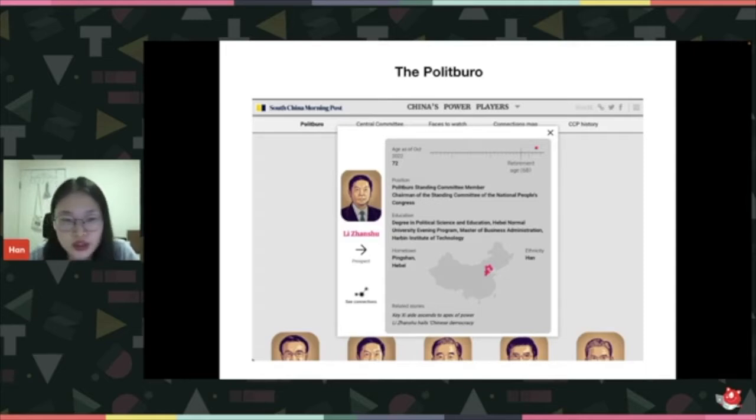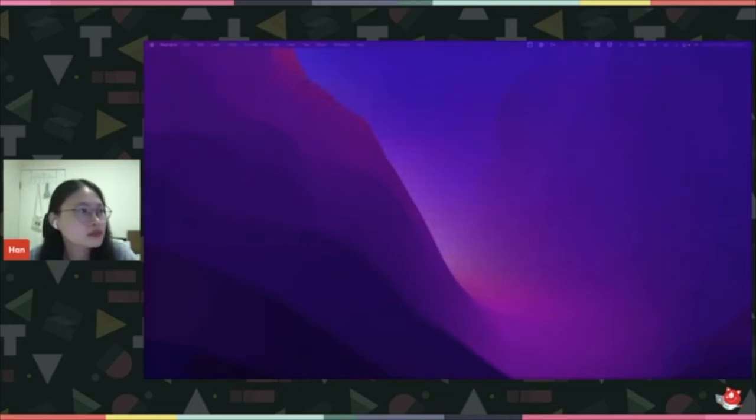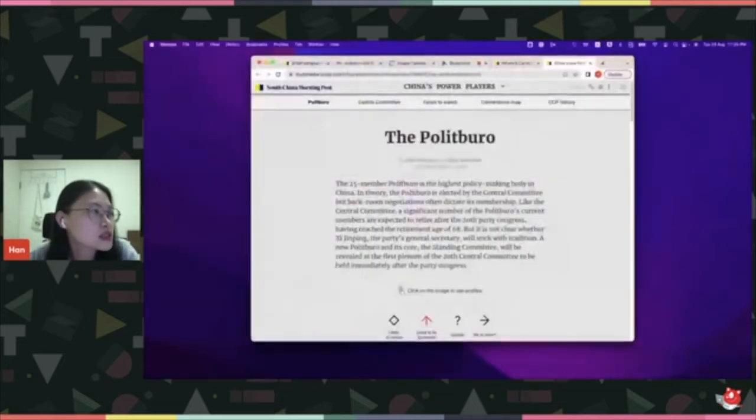We want to show the readers our reporters' analysis about who is going to stay in office, who will leave the office, and who are the rising stars in the party. This is actually one little section in the whole data bank. If you have time, you can take a look.